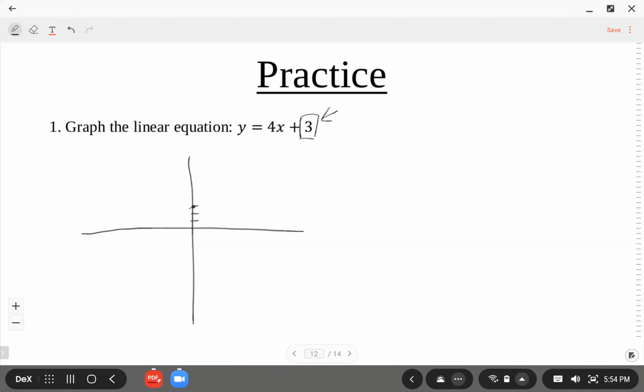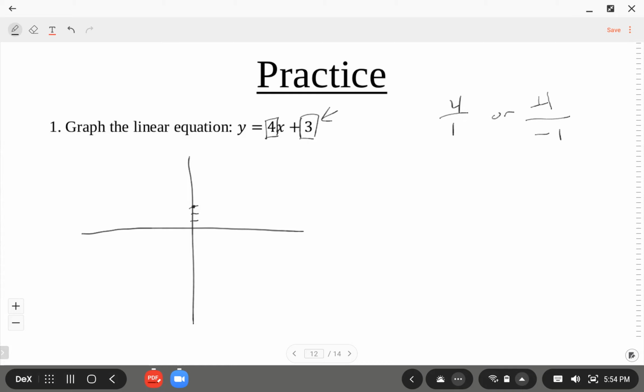And then we look at our slope. Right here, it's 4, okay? And the slope is 4 over 1, or negative 4 over negative 1, okay?